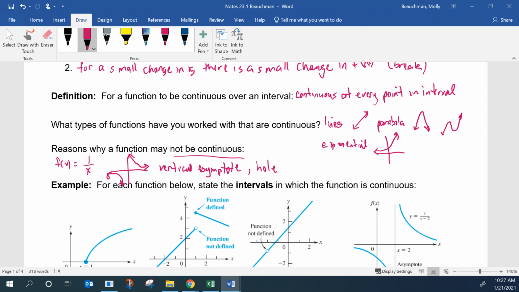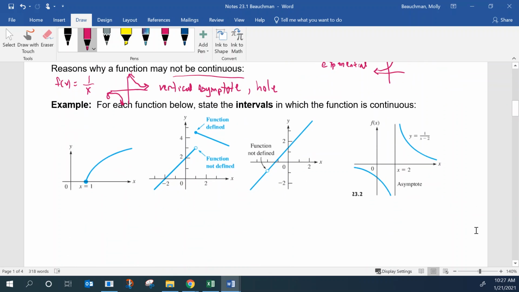So when we take a look at graphs of functions, we state the intervals in which the function is continuous. So we can use the inequality notation. On the first graph, think of these as having arrows on either end.